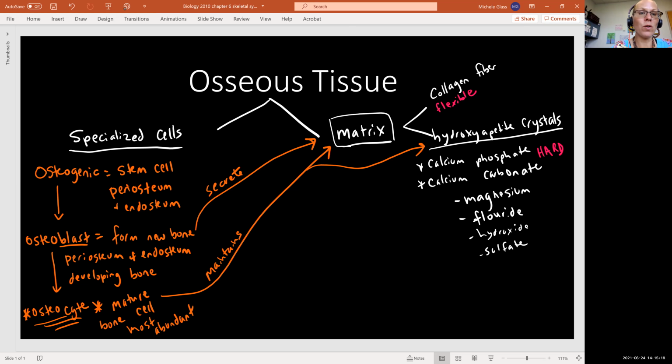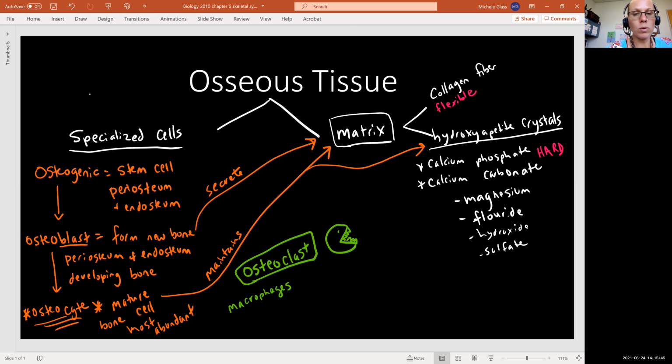Remember, there are actually four types of cells in the bone. The next type of cell to mention is called the osteoclast. I like to imagine my osteoclast looking sort of like a Pac-Man with teeth, because these cells are derived from macrophages, which are big phagocytic cells.